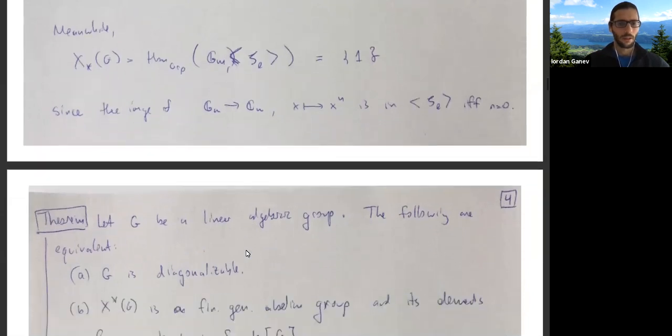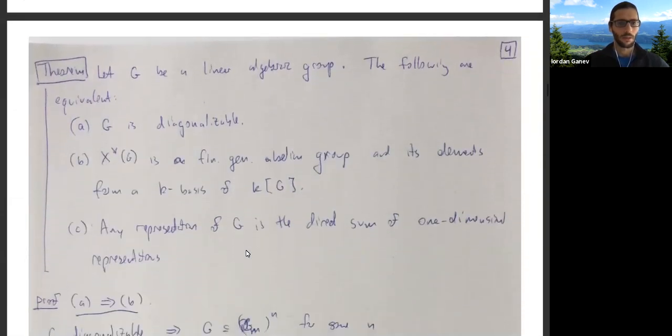All right, and we had this important result that characterizes diagonalizable groups. A group is diagonalizable if and only if its group of characters is a finitely generated abelian group and the characters form a k-basis of the affine algebra.